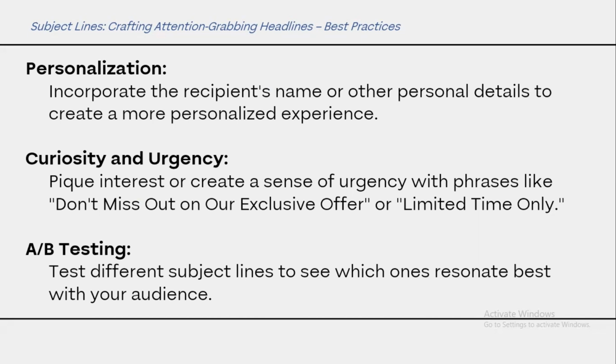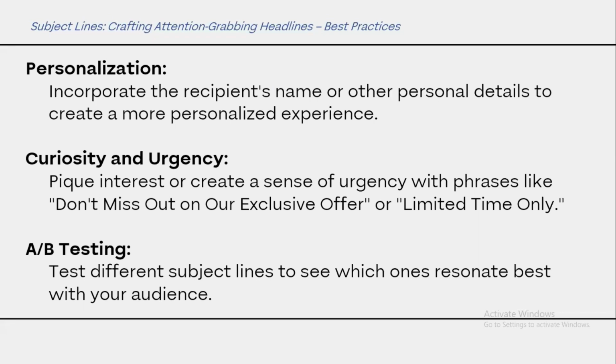So after you've written several, you have to do your A/B testing to select which one resonates best with your audience. Basically, what we are going through now is the components of a successful email. So we have looked at the subject line.